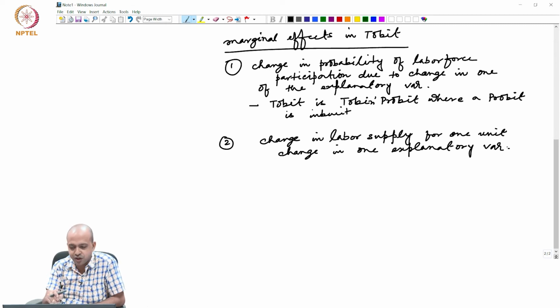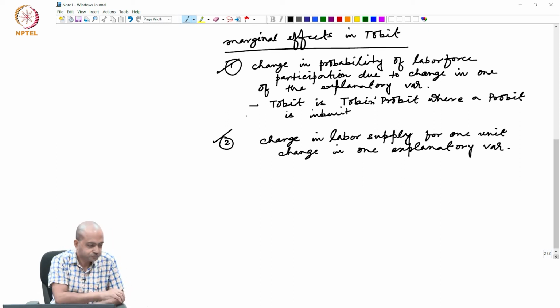That is one type of marginal effect that we can get. And secondly, for a unit change in education, what is the change in labor supply amount? That means the elasticity. These are the two types of marginal effects that we can get from the Tobit model.